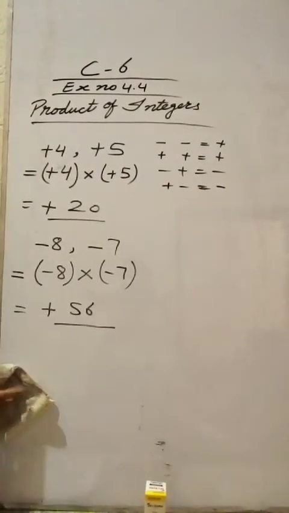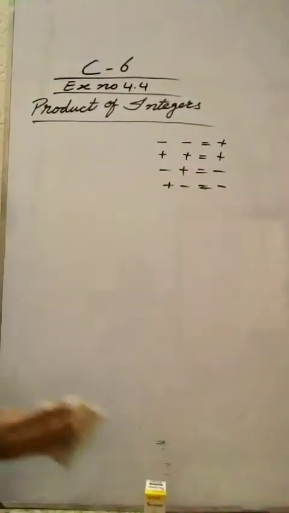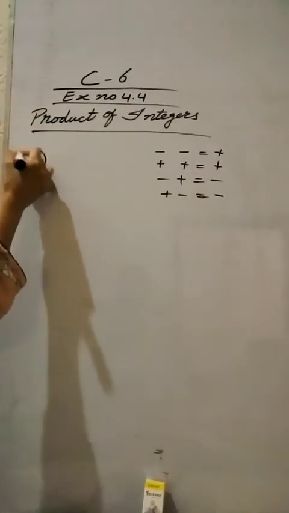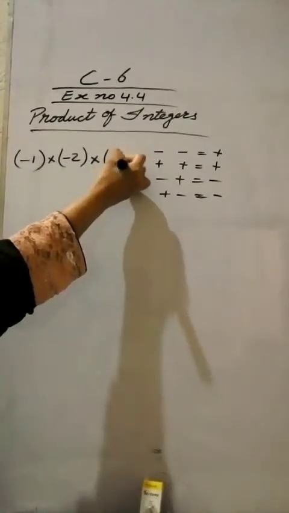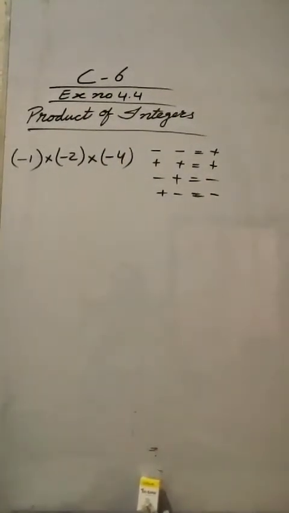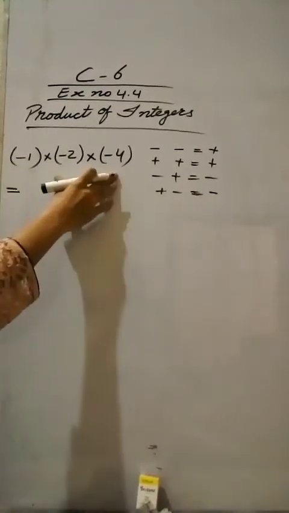But when we have 3 or more values, then what will we have to do? Let's see, we have a question: minus 1 multiplied by minus 2 multiplied by minus 4. So first of all, you need to put the equality sign and solve the values.